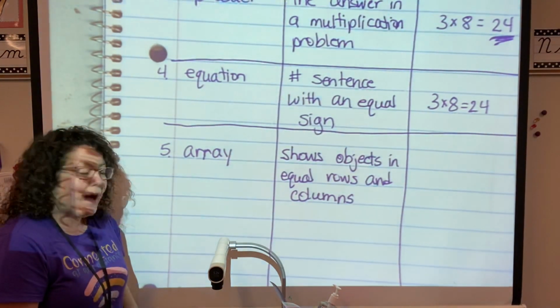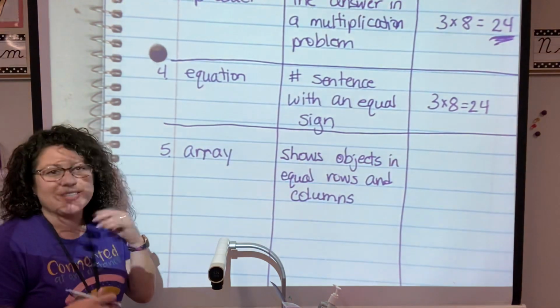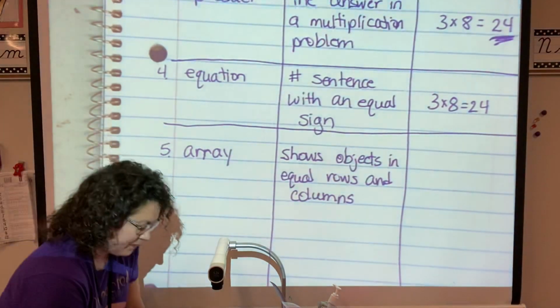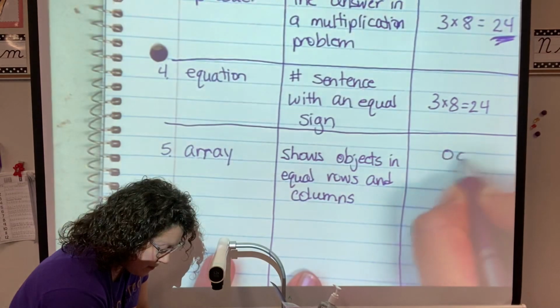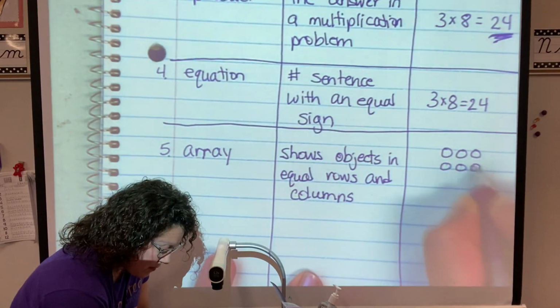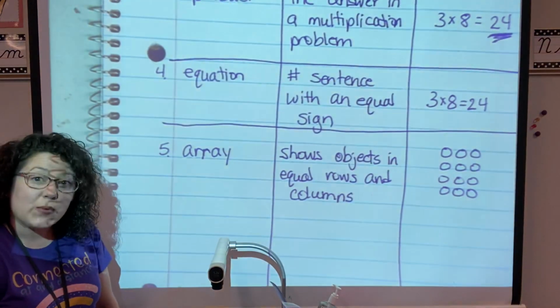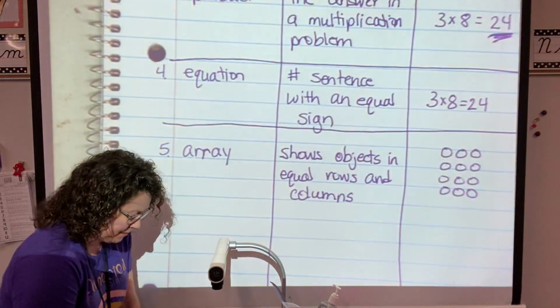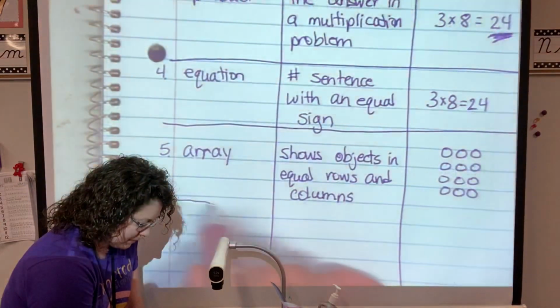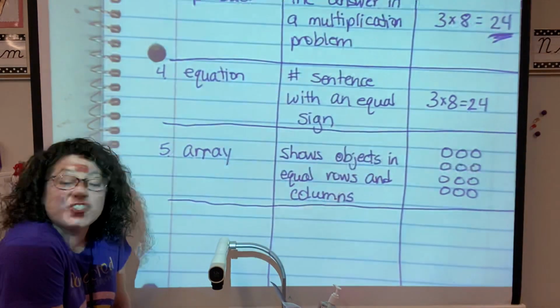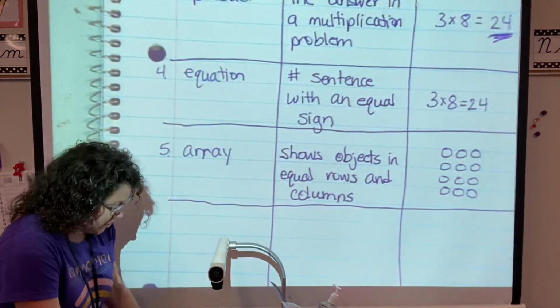So probably some of you might even organize your Skittles or your M&Ms in arrays. Each row is equal. That is an array. And again, this is just one more strategy for your multiplication.